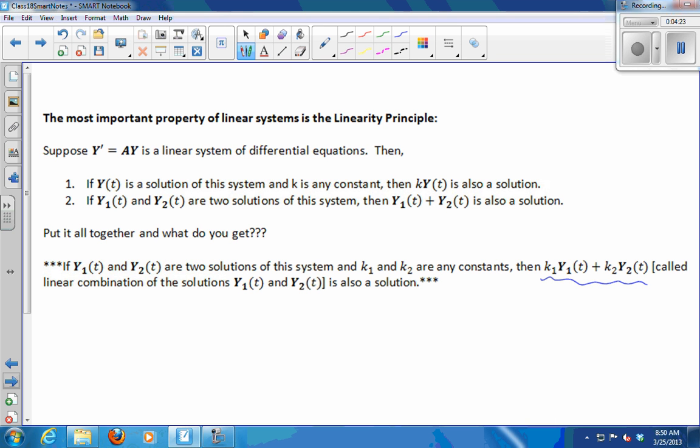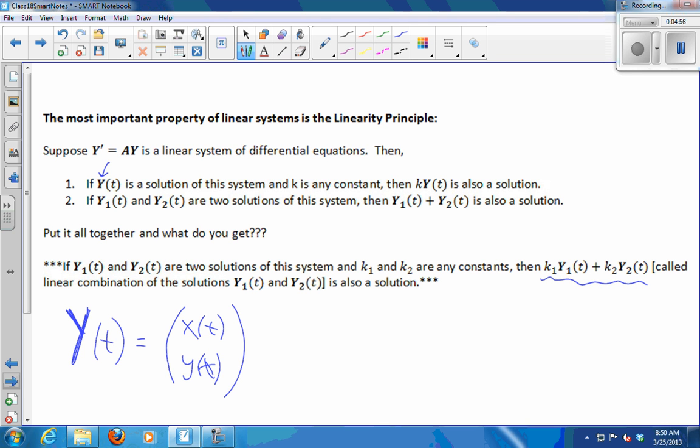So you got to keep in mind that when I write these things in bold, that's a vector, right? So y of t in bold, just to remind you, that's the vector x of t, y of t. So maybe that's what's confusing you? Okay. So when I write bold y of t, that's a solution to the linear system, meaning it's 2 functions, an x of t and a y of t, that make the linear system true.